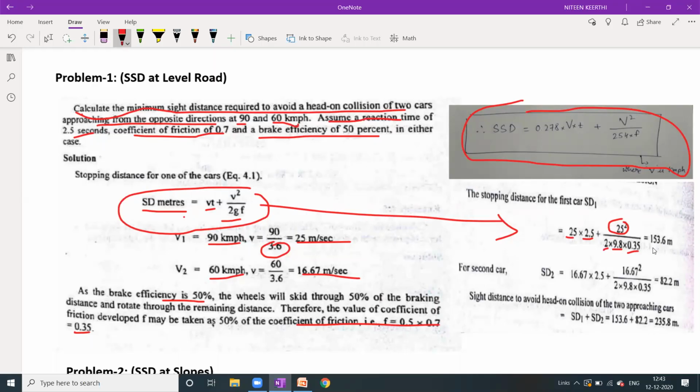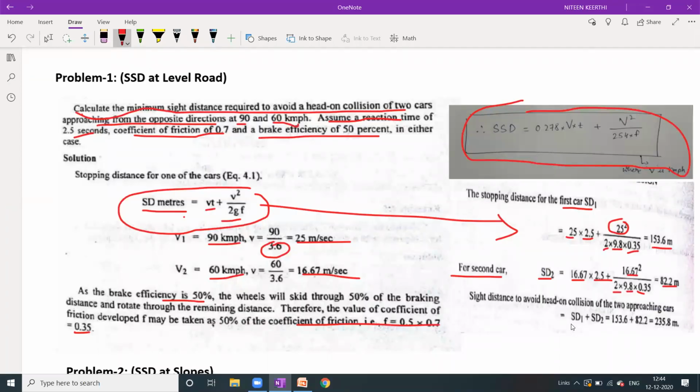So stopping sight distance, I'm getting 153.6 meters for car 1. That is the first car, SSD1. Whereas for car 2, you can put 16.67, 2.5, 16.67 meter per second, 2 into 9.81, 0.35, and 82.2 is the stopping sight distance for the second car.